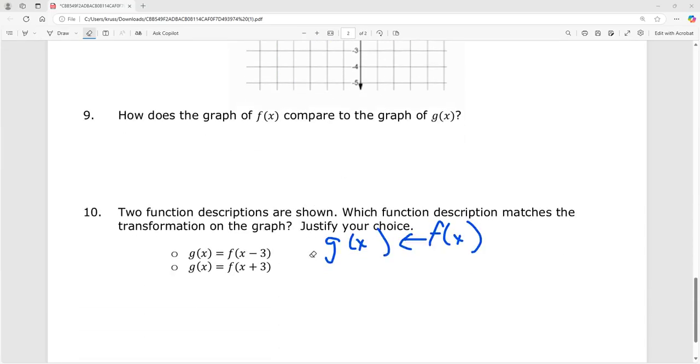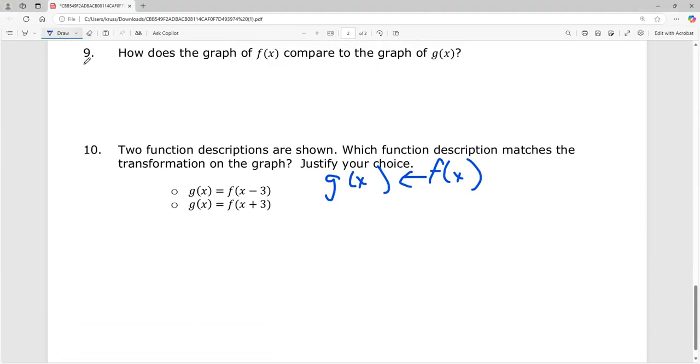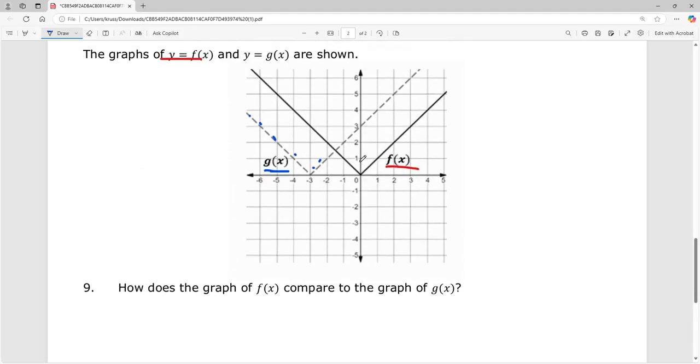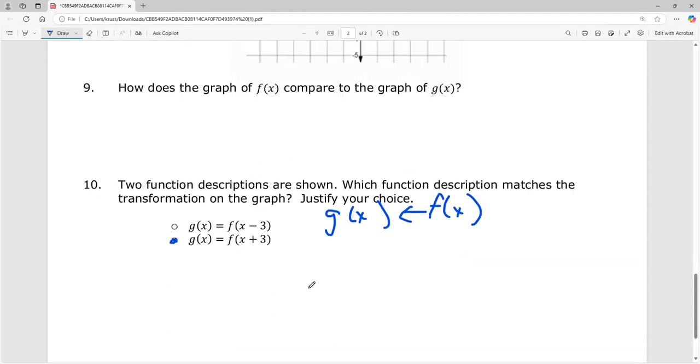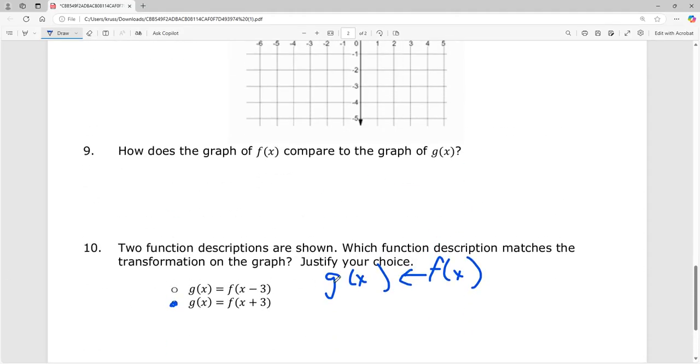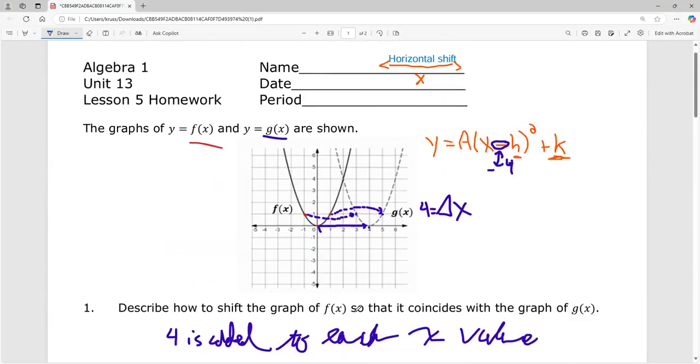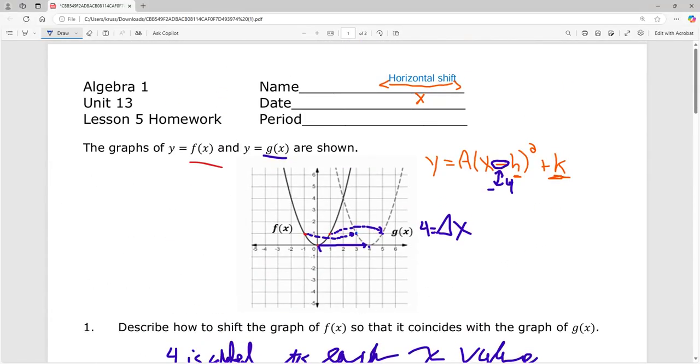So in my equation, I actually have to add 3. It could be confusing and counterintuitive at times. So I'm going to have to add 3 to go to the left 3. It's the opposite of what you may think it is. Sorry about the little hiccup at the end. Hope this makes some sense, and we'll move on to lesson 6 next.